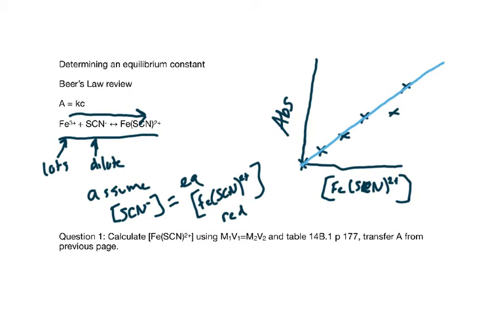So we're going to get a line. Remember, lines are in the form y equals mx plus b, but we're through 0, 0, so our b is 0. And our m is our slope, which is our k. So you see y equals mx plus b is the same form as A equals kc.